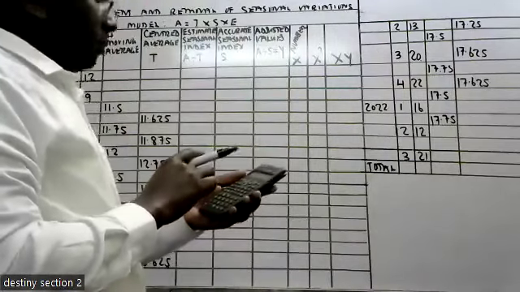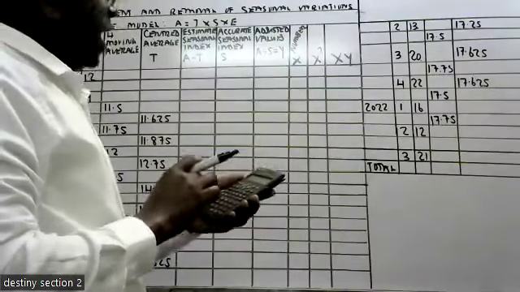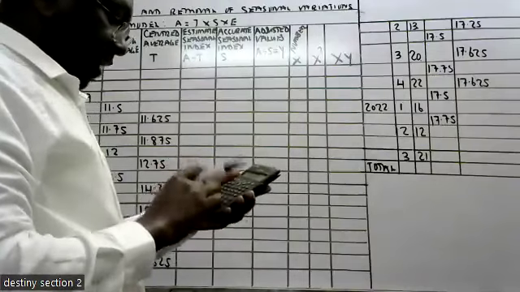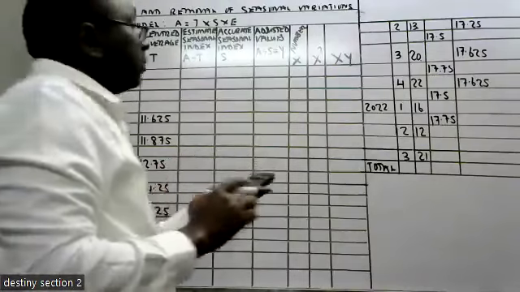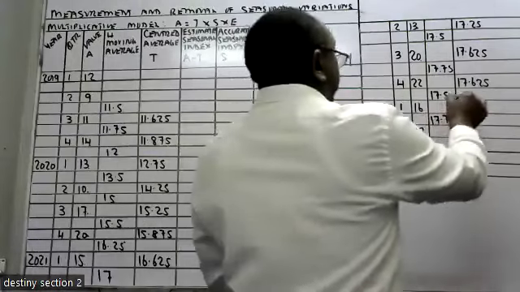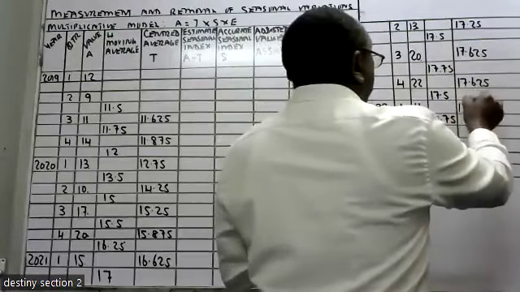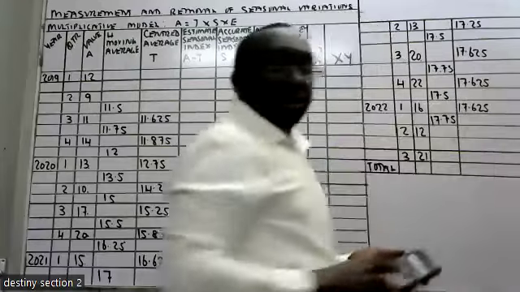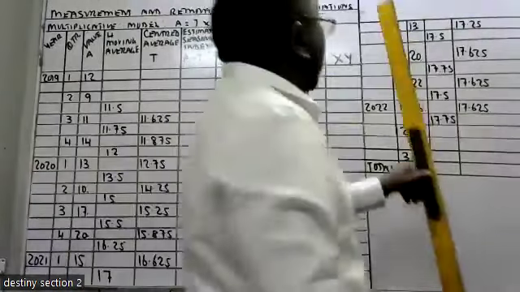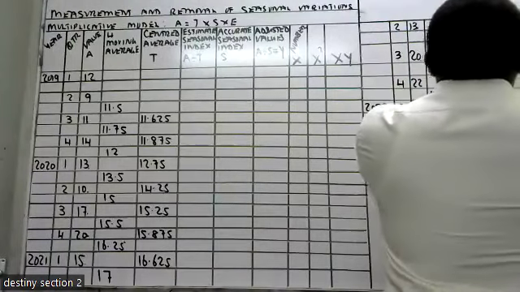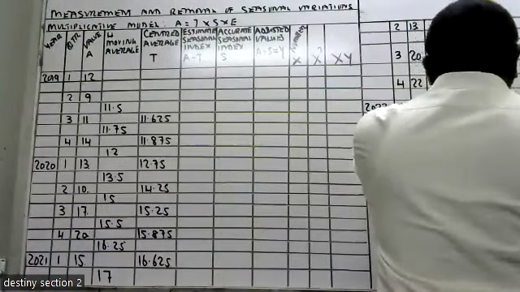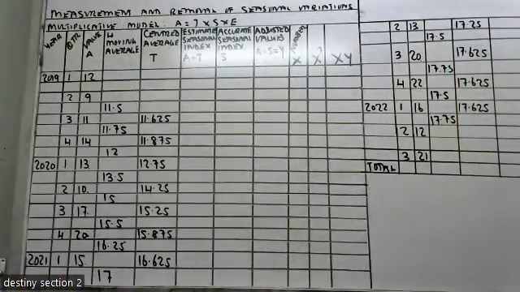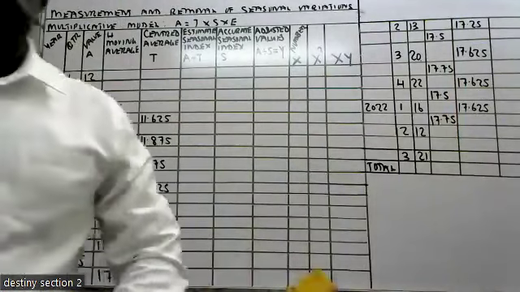Good. The last one, 17.5 plus 17.75, divide by 2. They are the same, the three of them. 17.625. That is how you center the values.